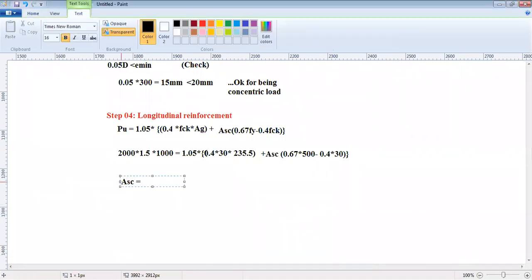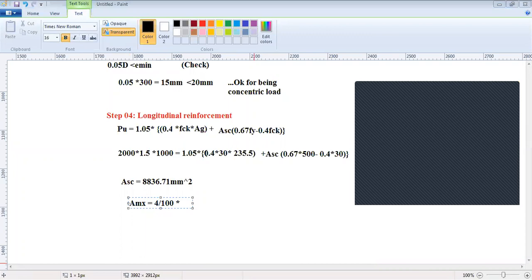Same issue is happening while we are designing the 71 mm square. Now we know that Asc max has to be 4% of the gross area. Here it is not b cross D, it's 3.14 by 4 into 300 into 300.